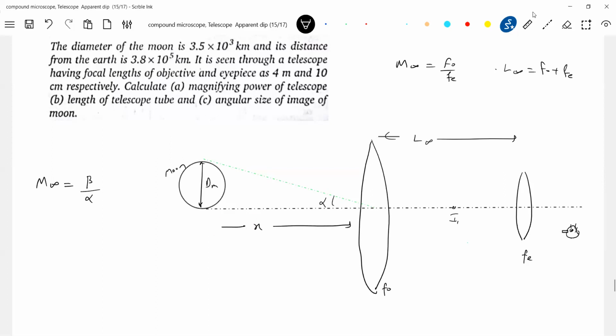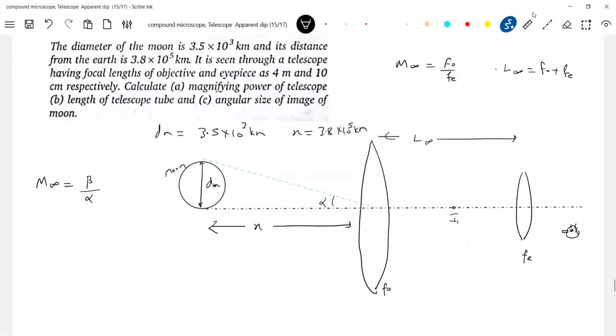This will be a very tricky question, because you must have some small basic idea. This small d I'll write, because capital D we use for least distance. What is the diameter of the moon given? 10 to the power of kilometer. And what is the distance?